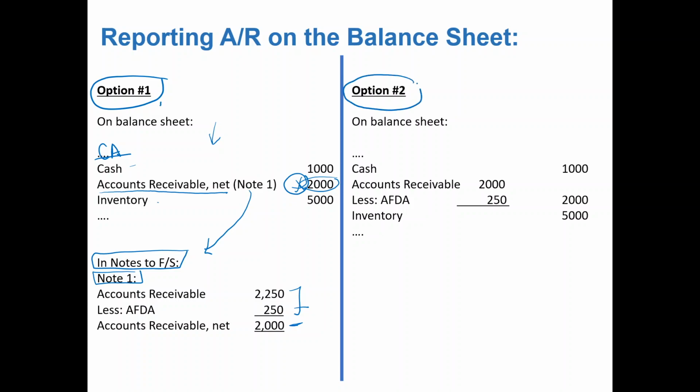The second option is to just show the full amount of details on the balance sheet. So we've still got our cash, our inventory, but now here we've actually shown our full AR less the AFDA to get to this net $2,000. So either option works, but somewhere in the statements you need to have these details. So if you want to just keep your actual balance sheet as short as possible, you could show the net there, the details elsewhere, or just show it all on the balance sheet.